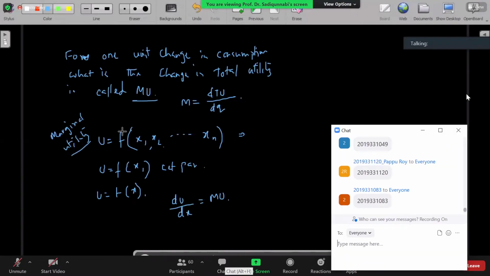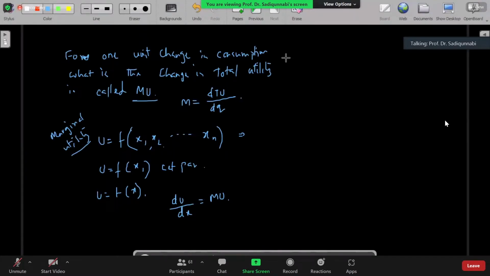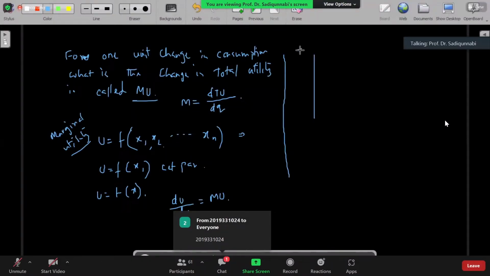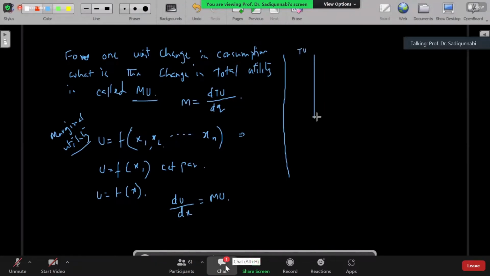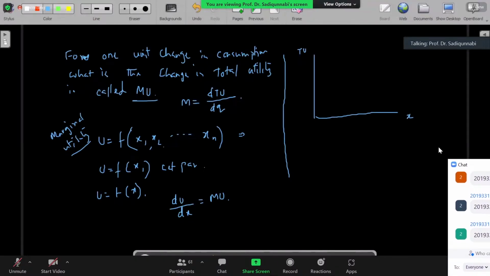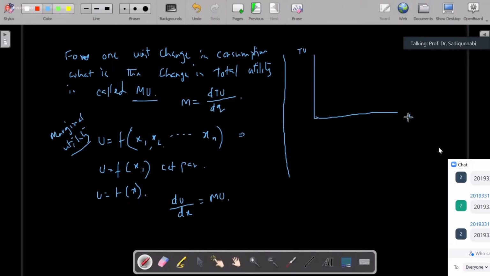Now, can you make graphs of this? If this axis is for total utility and this axis is for x or q, consumption of good x, then our total utility function looks like this.